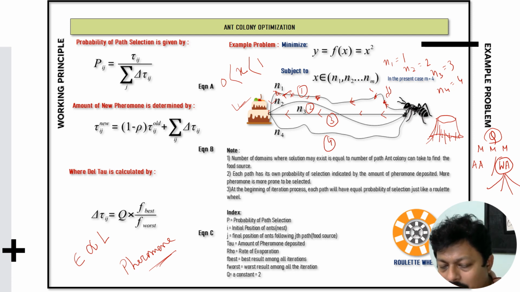So even if some parts of the pheromone have already evaporated, due to this repeated deposition, this path will have a good amount of pheromone to attract the other ants until this path is discovered.